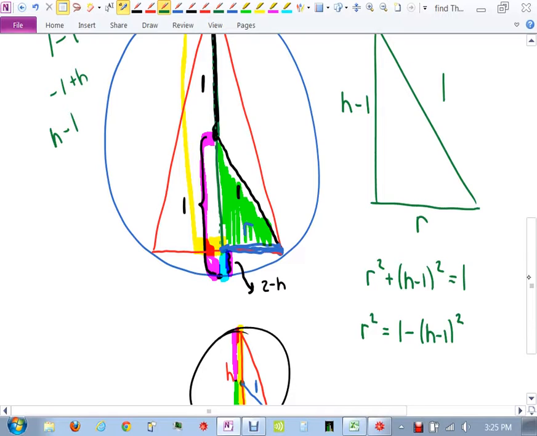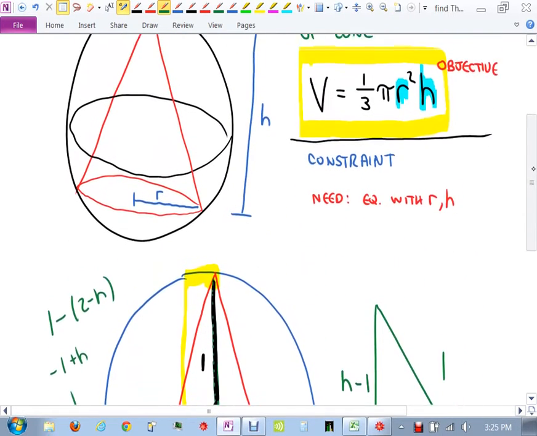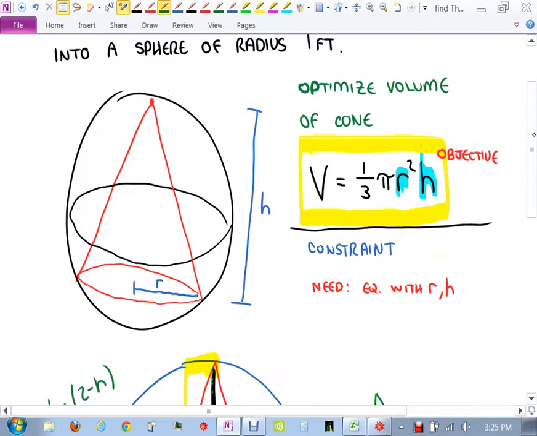Do I need to solve it for r? Do I need to take the square root on both sides here? No, why not? Look back at your volume function. What's in the volume function? r squared. Beautiful. I have r squared, don't I? In terms of h.